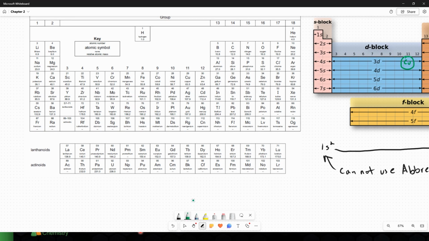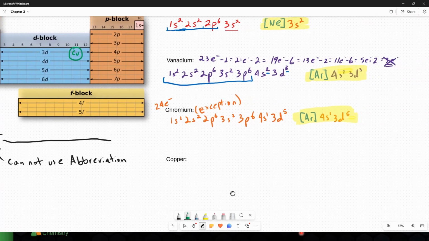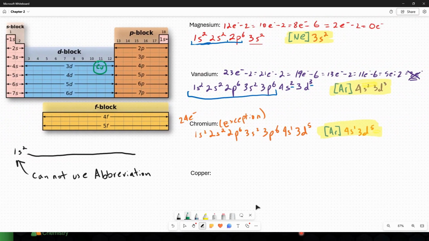Copper is even more of this kind of exception. We have 29 electrons, and copper is 1 electron shy from having a fully filled d sublevel, which is really stable. Again, copper is only 29 electrons, and we need to remember that this is an exception.